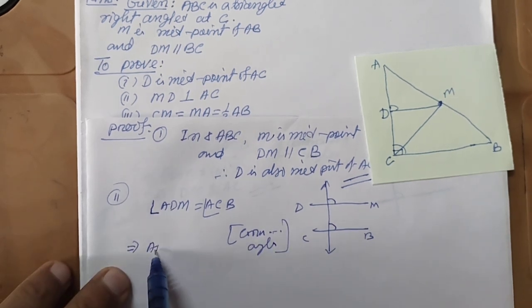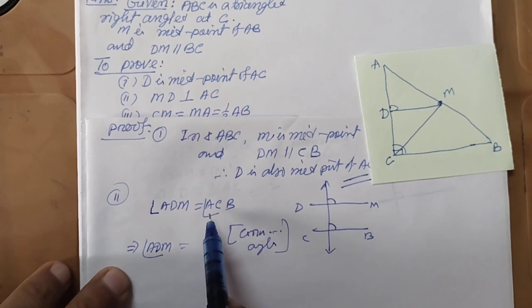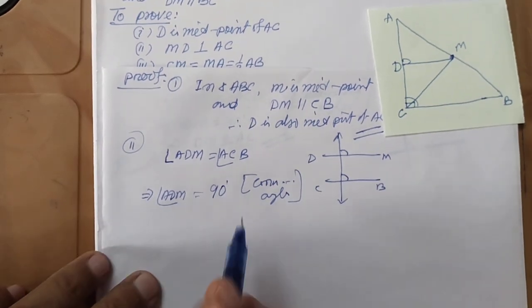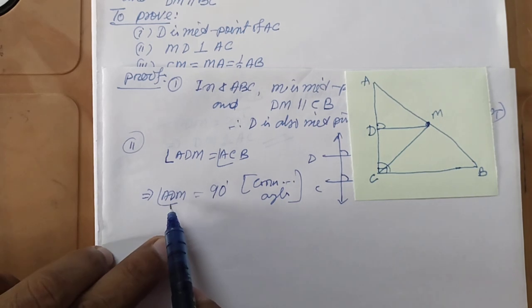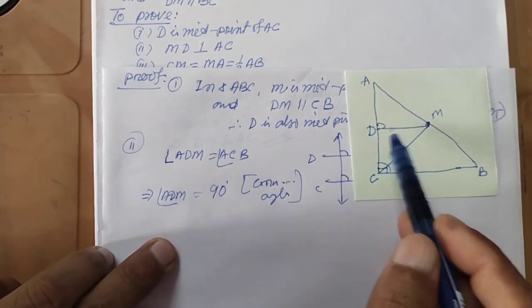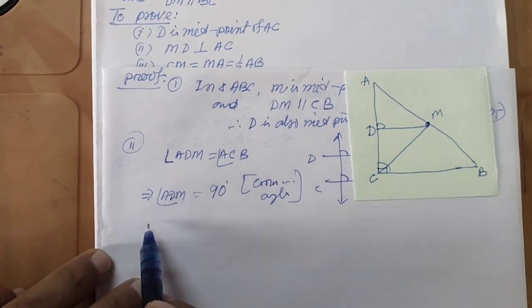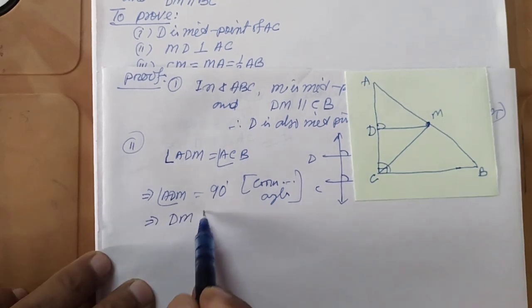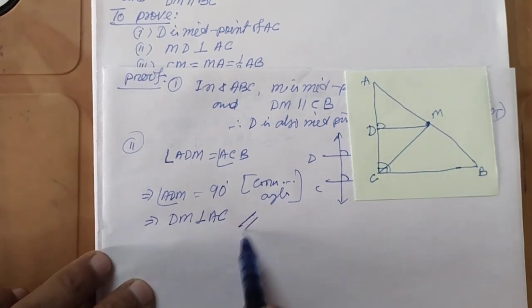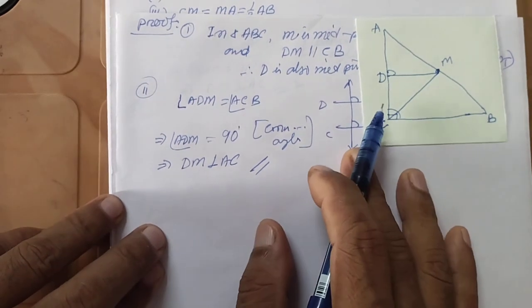Angle ACB is already 90 degrees, so angle ADM is 90 degrees. So if angle ADM is 90 degrees, DM is perpendicular to AC. This is the proof for the second part.